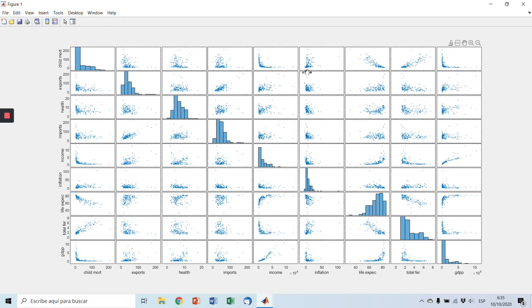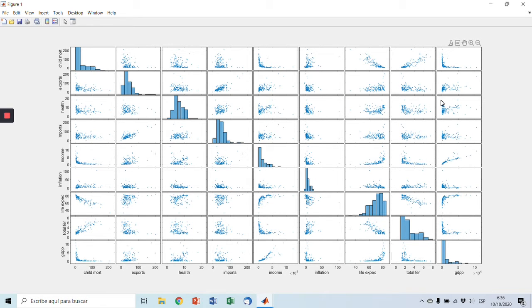Then there seems to be some relationship with inflation, and probably it is also that these poor countries have normally more inflation than richer countries. Then we have an inverse relationship with life expectancy. When the life expectancy is low, the child mortality is high.